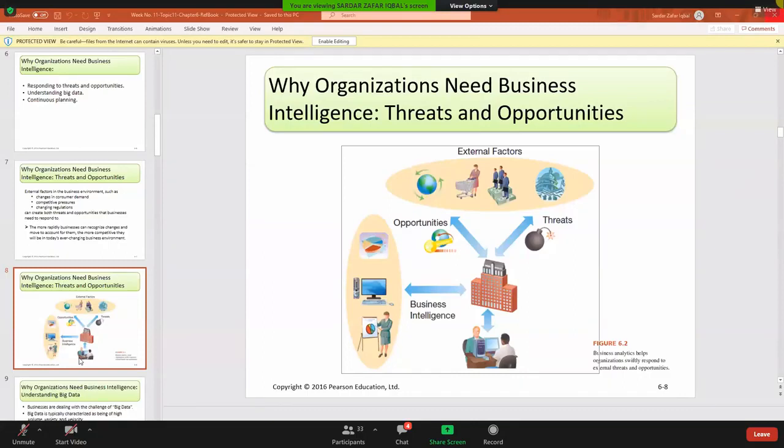The second point is high variety. Data is coming from different sources: from social media, from browsing, from websites, from offices, from external offices, from other companies.